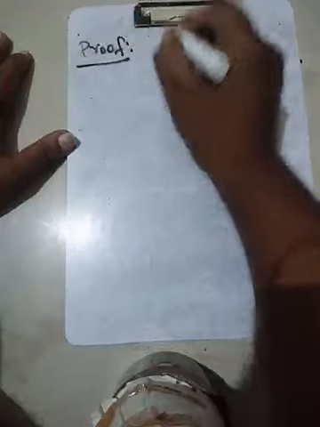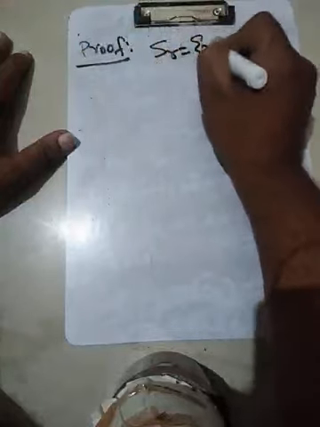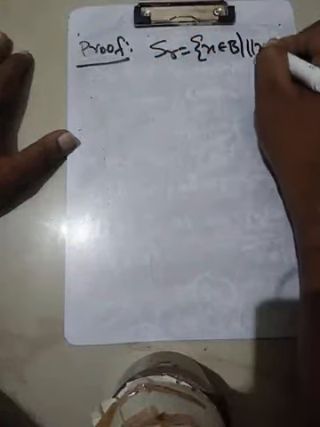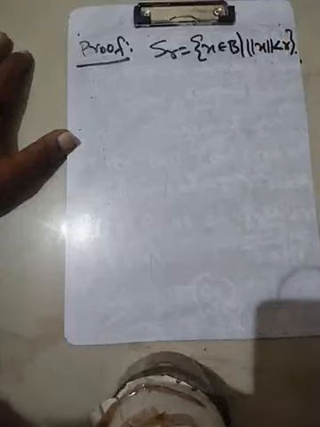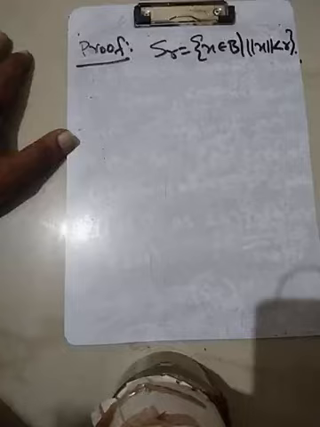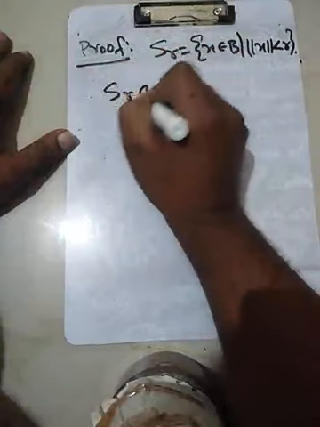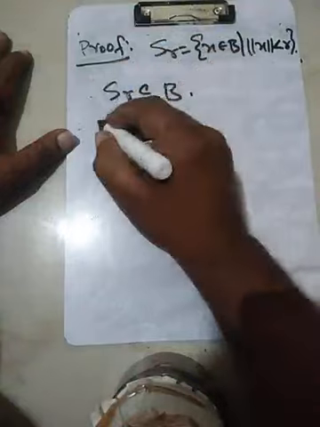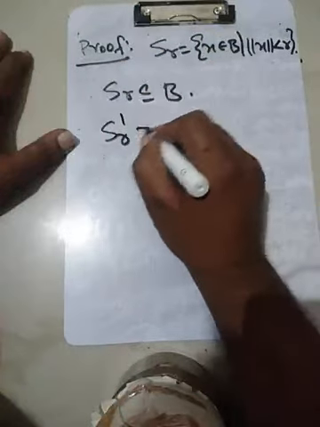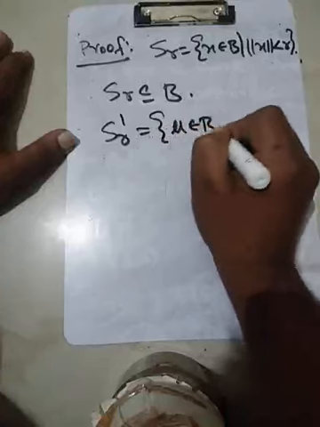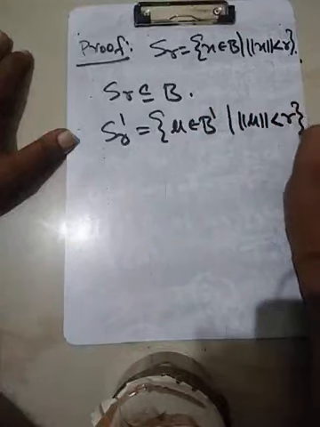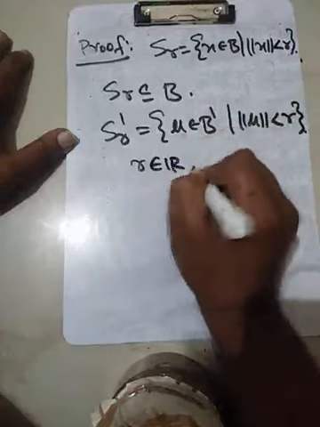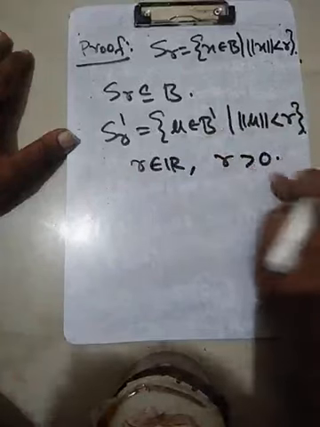Proof of the following fact. SR is the collection of all those x belonging to B such that norm of x is strictly less than R. SR is a subset of B. Another notation, SR', is the collection of all U belonging to B' such that norm of U is strictly less than R, where R is a real number strictly greater than 0.